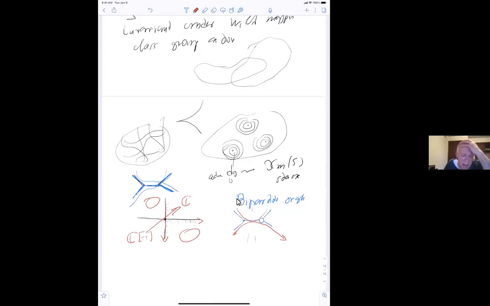Yes, now I understand what you mean. This is a consequence of the definition of admissible sheaves, but it's not a consequence of any general machine, so to speak. You can say that we consider some subcategory of the Fukaya category.